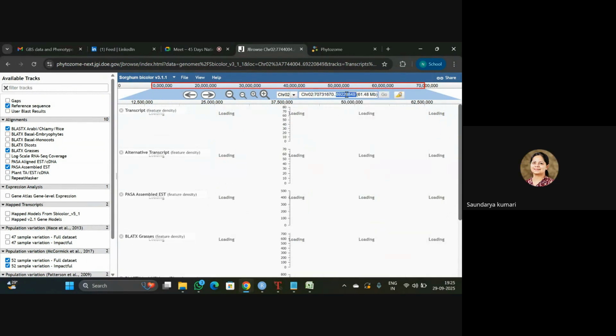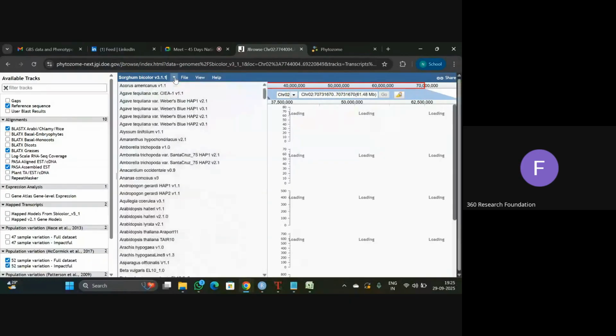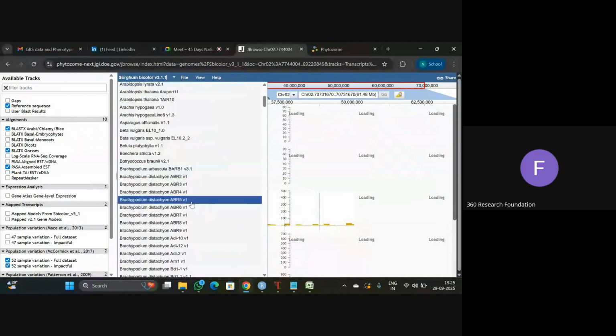Sir, what's the difference between accession wise and the single one? So accession wise means based on that particular accession and whatever progenies are developed, or the complete genetic structure of that accession.